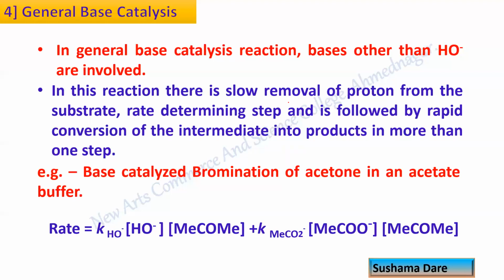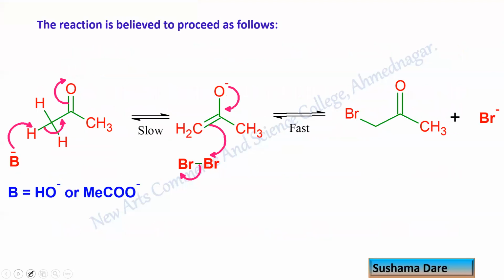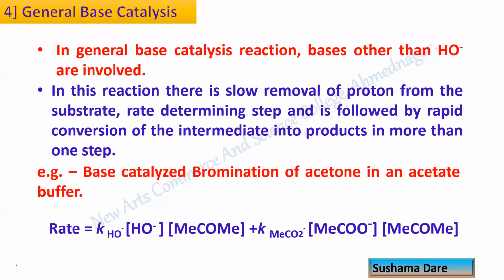Now in general base catalysis reactions, bases other than the hydroxy group are involved. In this reaction, there is a slow removal of proton from the substrate, the rate determining step, followed by rapid conversion of the intermediate into product, so it is more than one step.